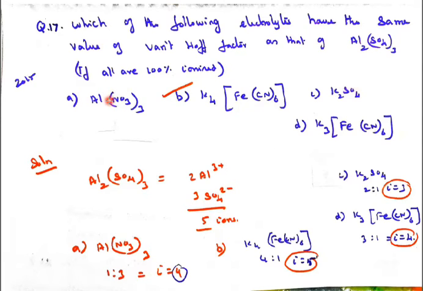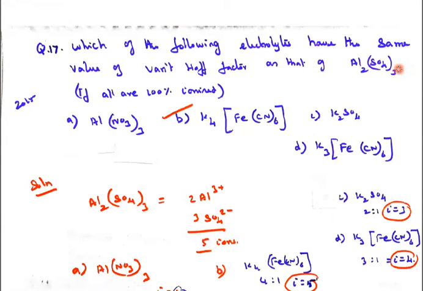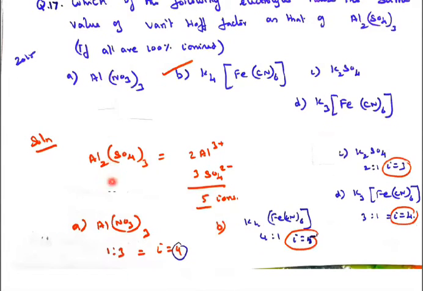I have written 5 ions for Al2(SO4)3. First option, let us find Al(NO3)3. It has 1 aluminium ion and 3 NO3 ions, 1:3, totally 4. For K4[Fe(CN)6], there are 4 K+ and the complex is considered as 1 anion, so 1 minus and 4 K+, totally 5. So i is equal to 5.